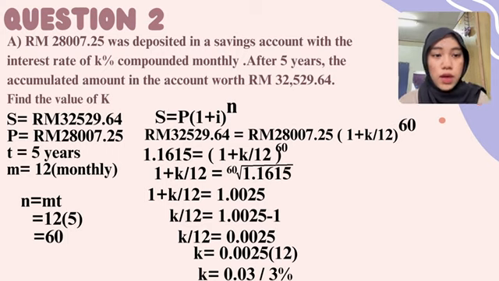So the 12 from the left hand side, you must move to the right hand side and you get 0.0025 multiplied by 12, and you get the value of K as 0.03 or 3%. So the value of K is 3%.